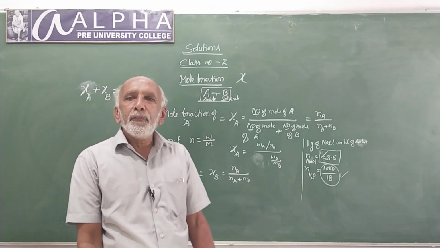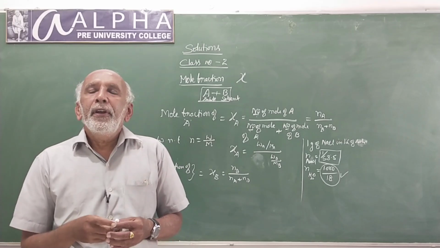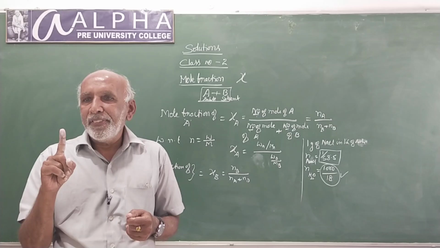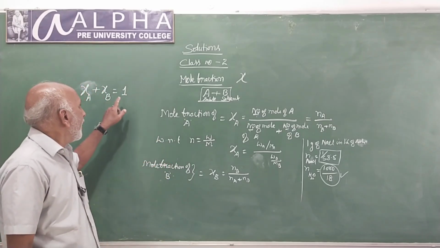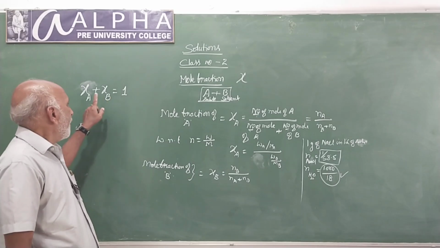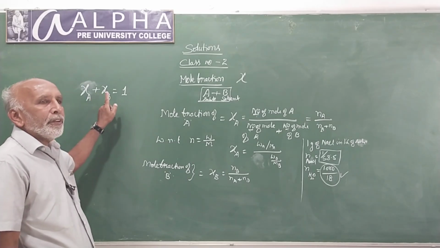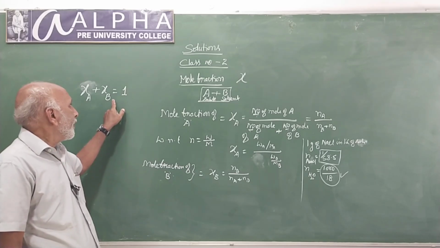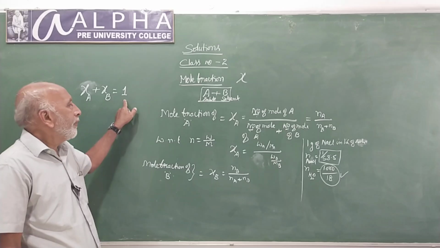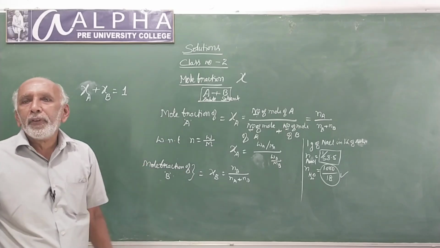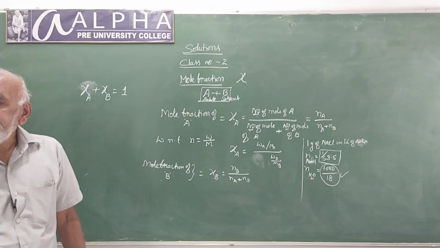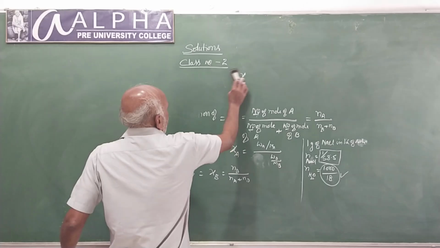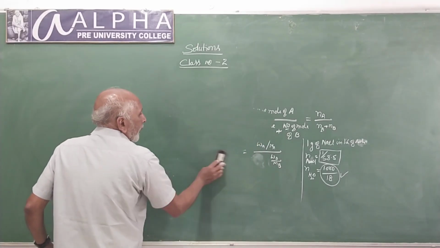If you know the mole fraction of solute in a binary solution, then you can easily get the mole fraction of solvent. That is, mole fraction of solvent will be equal to 1 minus mole fraction of solute. This is about mole fraction as well as concentration terms.